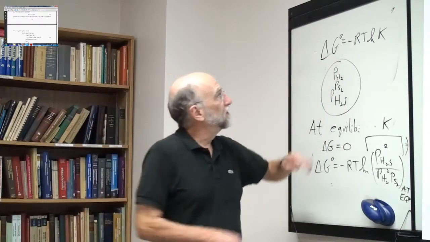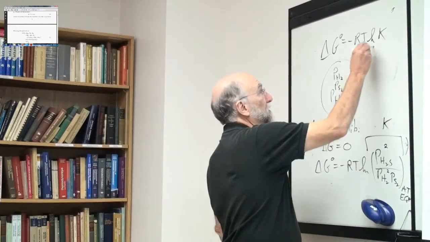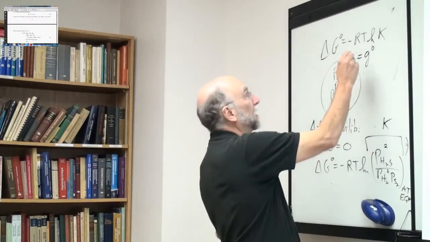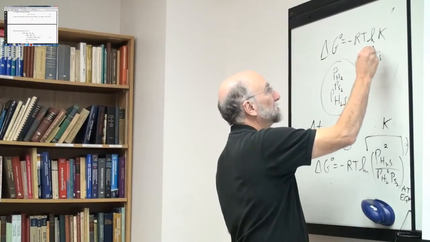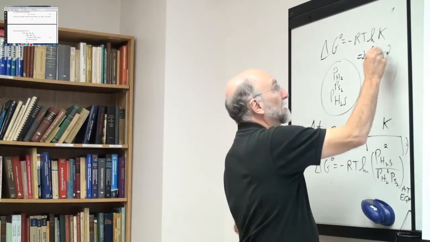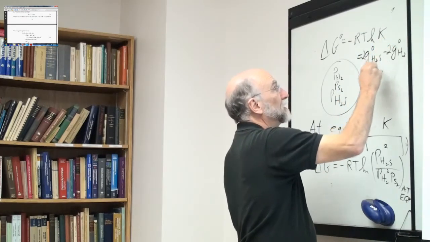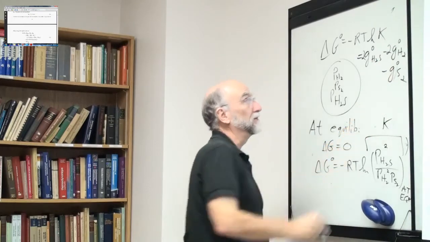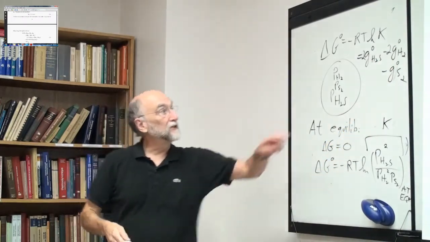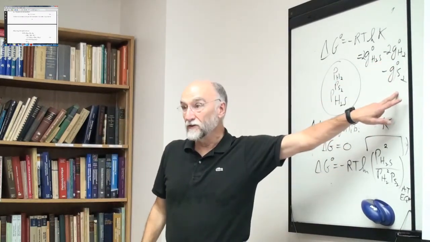Delta G0 is equal to the Gibbs energy change of 2 times the standard Gibbs energy of H2S minus 2 times the standard Gibbs energy of hydrogen minus the standard Gibbs energy of sulfur. And these are the Gibbs energies when all the partial pressures are 1 atmosphere, when the system is certainly not at equilibrium.